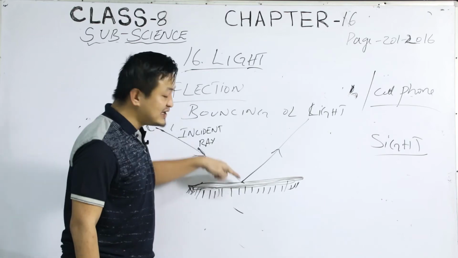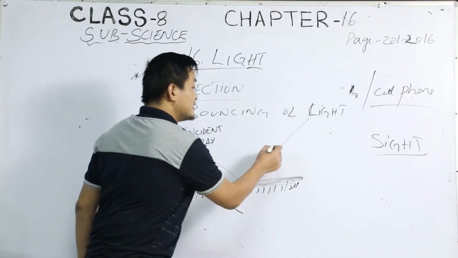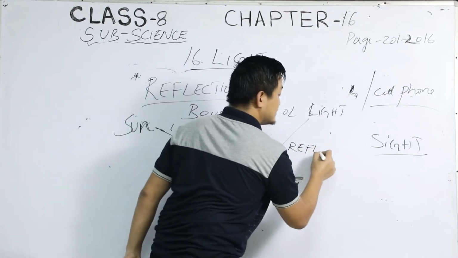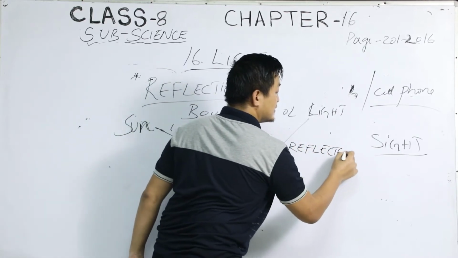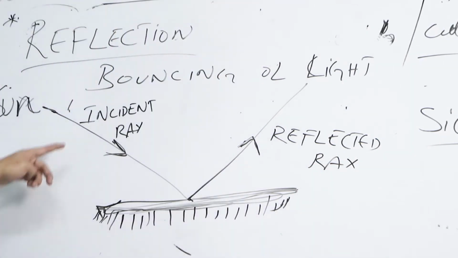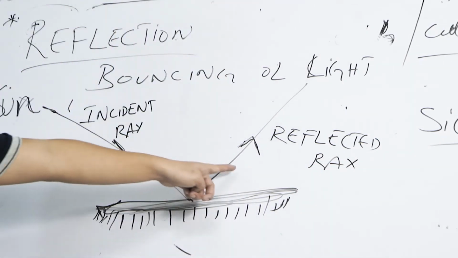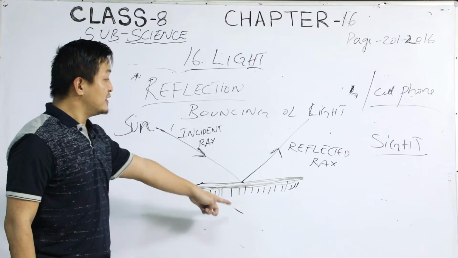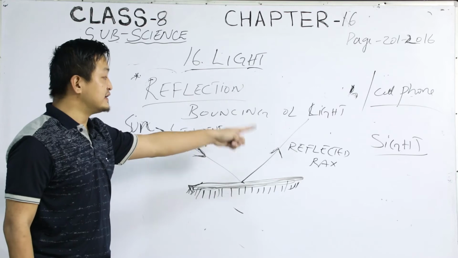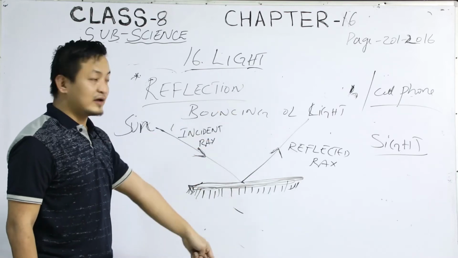Once it hits the surface, like I said, we get a reflected ray. So this is the incident ray and this is known as the reflected ray. The other ray which we get through reflection is known as the reflected ray.